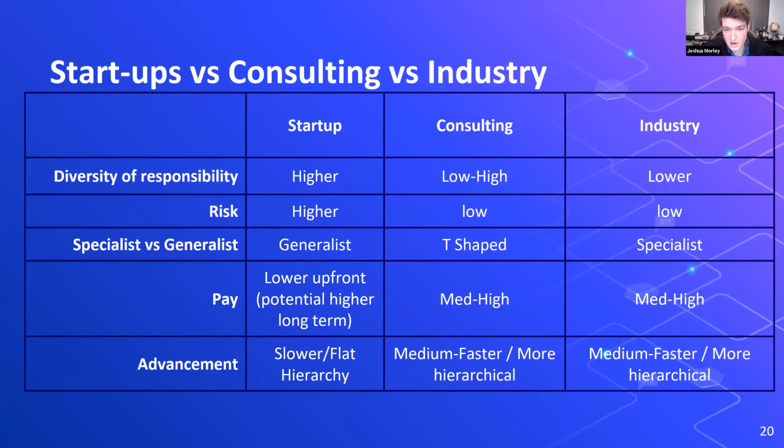Startups can be highly variable, but due to the much flatter hierarchy, you may not advance in titles as there's no need for a graduate, junior, senior architect, principal architect, and CTO when your company only has 10 people. Industry and consulting are much more hierarchical. So every couple of years, generally you would advance and have an advancement in your title to demonstrate that.